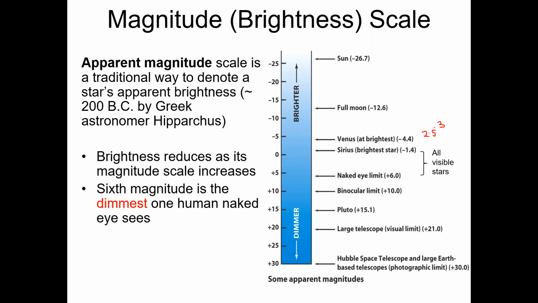Again, the same calculation: 2.5 to the power of this difference, 15.1 minus 6. So that many Plutos are required to make it barely visible.